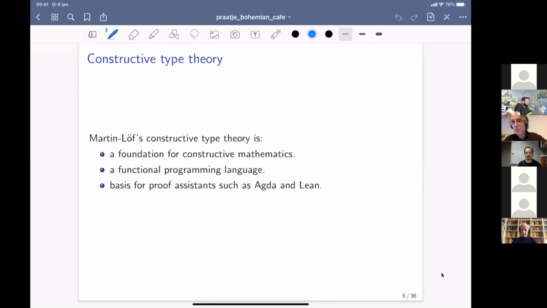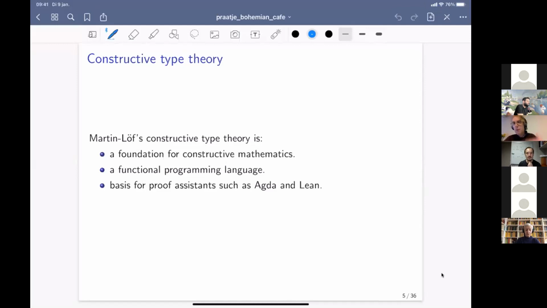Martin-Löf's motivation for formulating his type theory was a way of making explicit his philosophy of mathematics, which was constructivist. It is supposed to make precise a constructivist philosophy of mathematics, so there's a foundation for constructive mathematics.